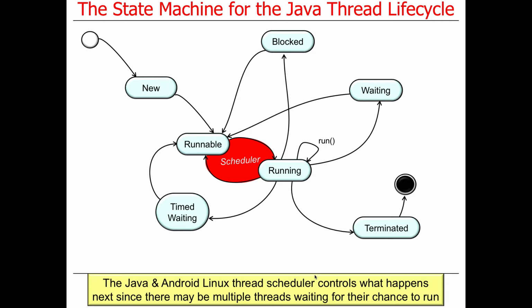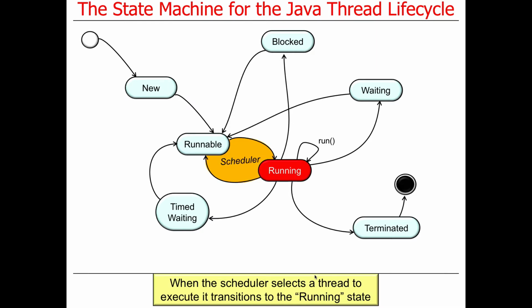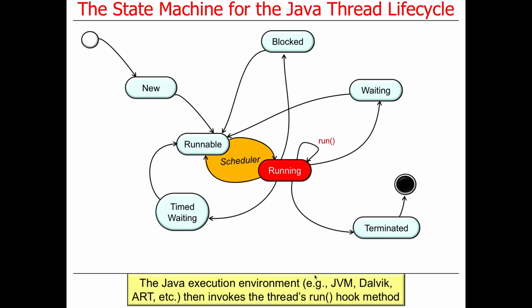So finally, your thread gets to run, and then it transitions into the running state. And when it's in the running state, it's going to run. Literally, it'll call the run hook method that's defined on your Runnable or your Thread object or whatever you use to provide a way to run the thread. It'll give it that callback, and that's where you put your code. So your code is in run.